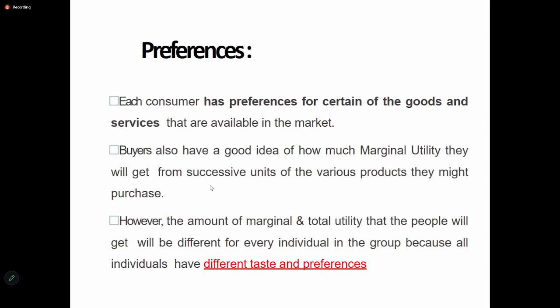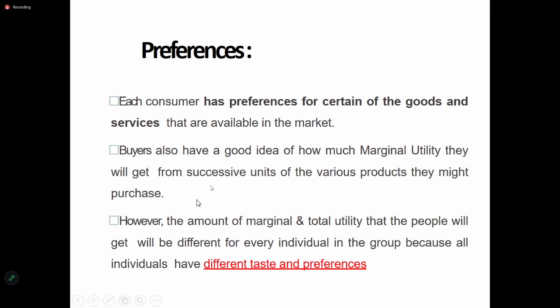I think you all remember the difference between marginal utility and total utility. Total utility gives you total satisfaction, but marginal utility gives you the satisfaction you gain from the additional unit you consume. These two are very important concepts you need to discuss.